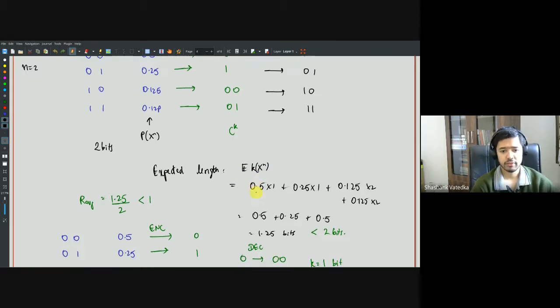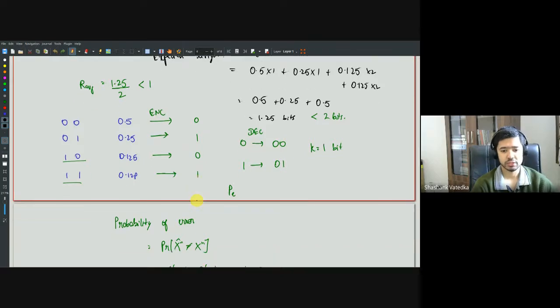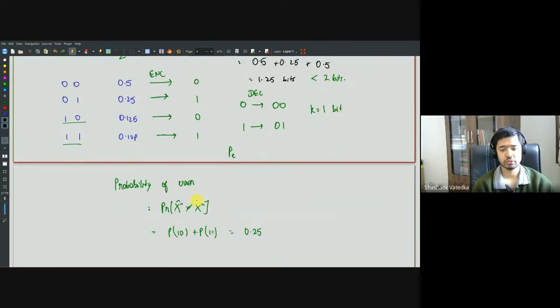Whereas if we're looking at fixed length compression algorithms, then the length of the compressed sequence remains fixed, but now there is an associated probability of error. So the goal is to design compression algorithms with the smallest rate, which is k over n, such that the probability of error is also correspondingly small.